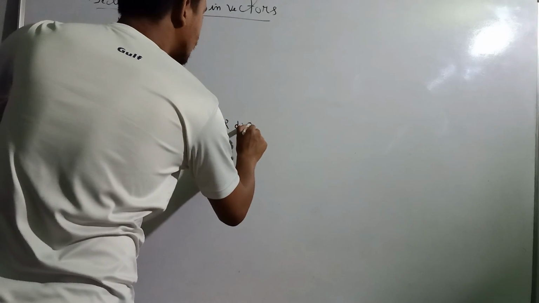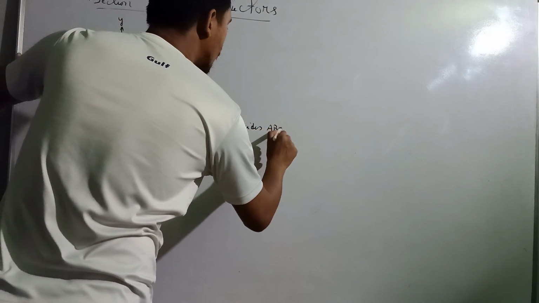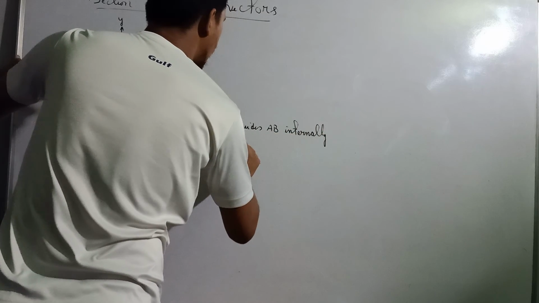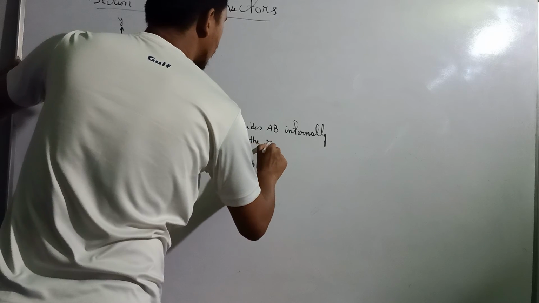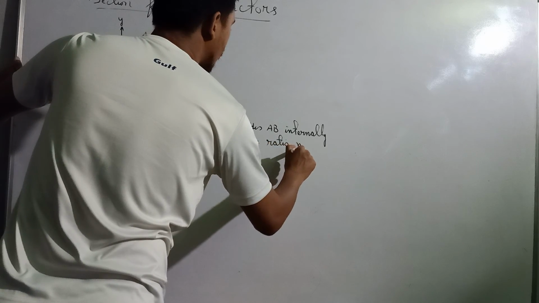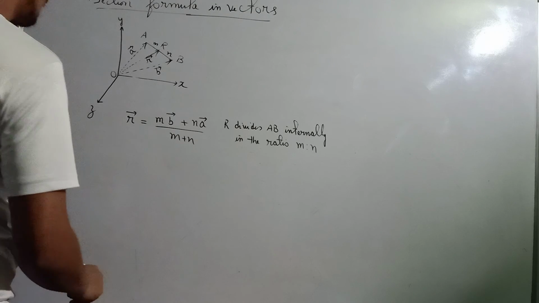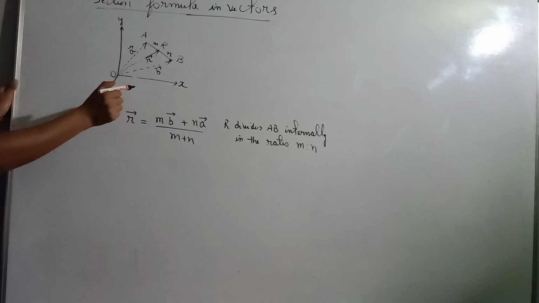Correct? Yes. That is for R dividing AB internally in the ratio m:n. Here AB can also be a vector.